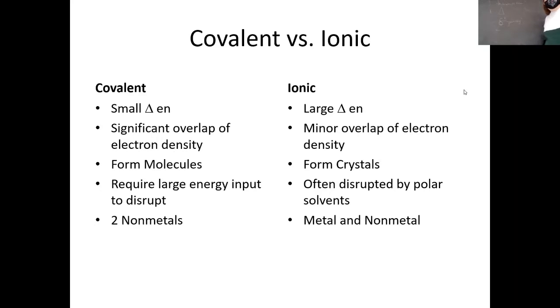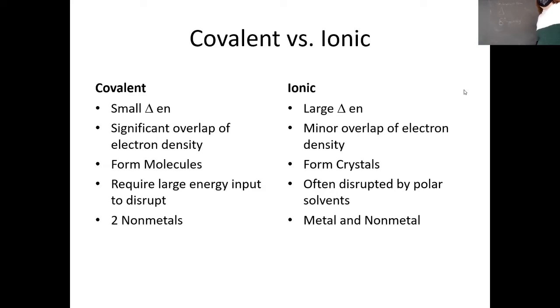For covalent bonding, we have a significant overlap of electron density. And that was that cone-shaped thing where the dip was very high in the covalent bonding, and in the ionic, it was almost as if it went down to 0 between the two. And so if I have significant overlap, that means I've got significant share.